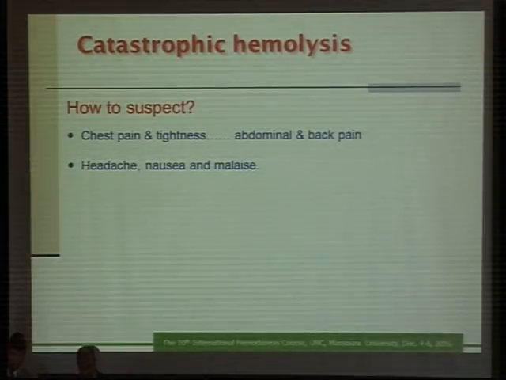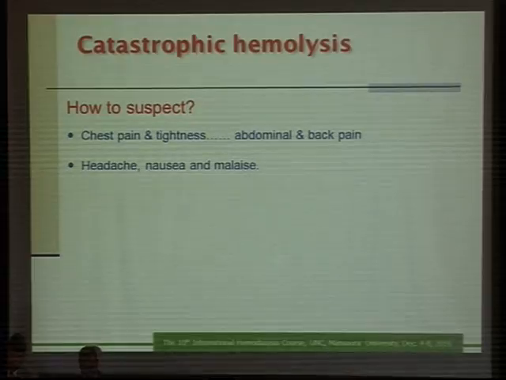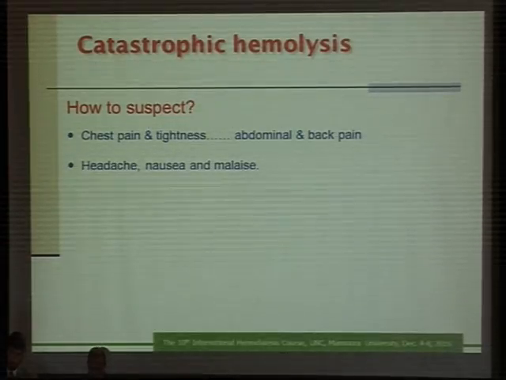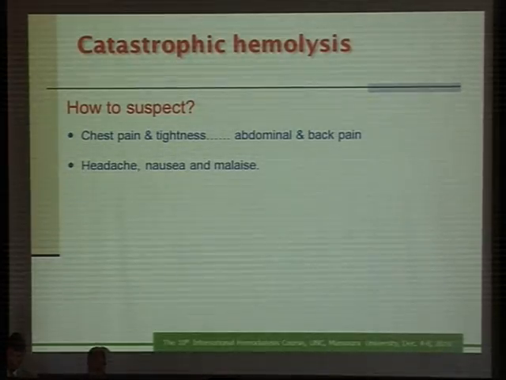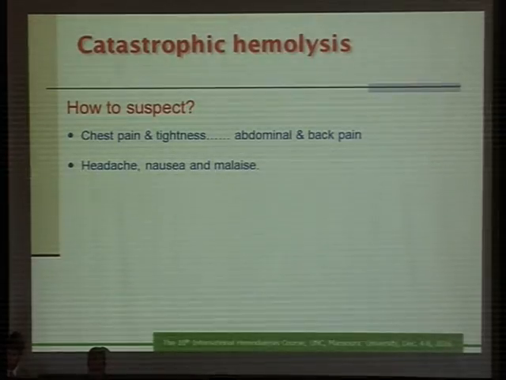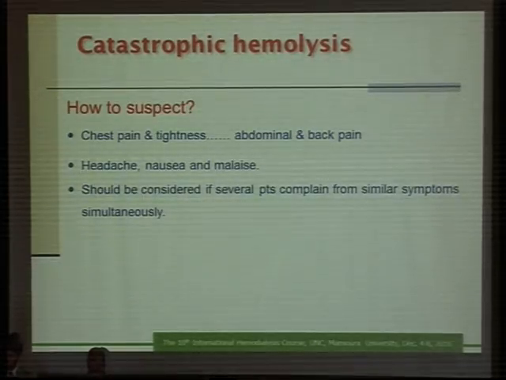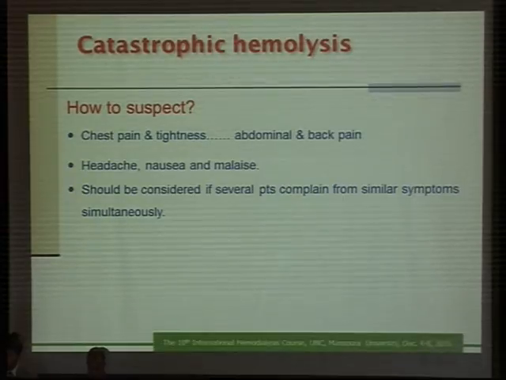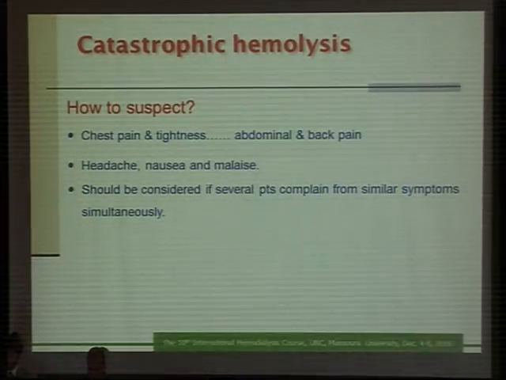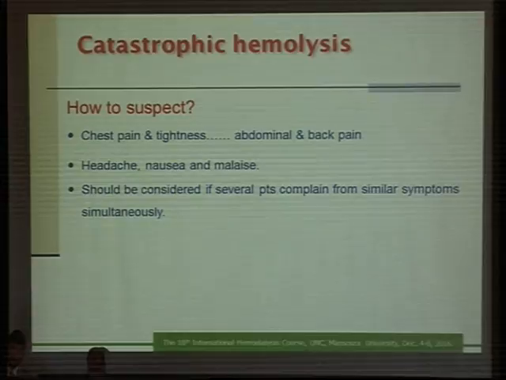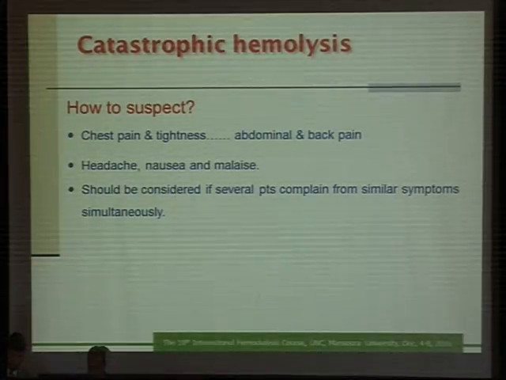How to suspect hemolysis? The patient usually suffers from chest pain and tightness, besides abdominal and back pain. It should be considered if several patients complain of the same symptoms simultaneously during dialysis.